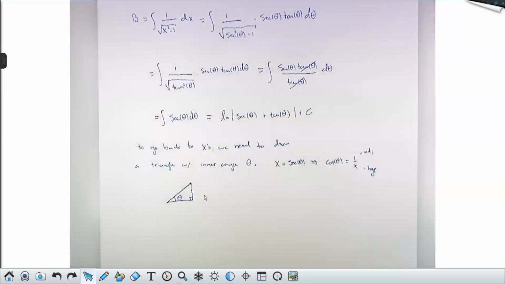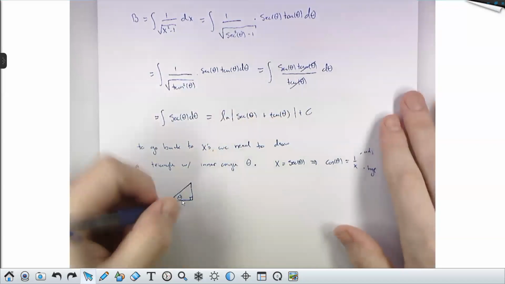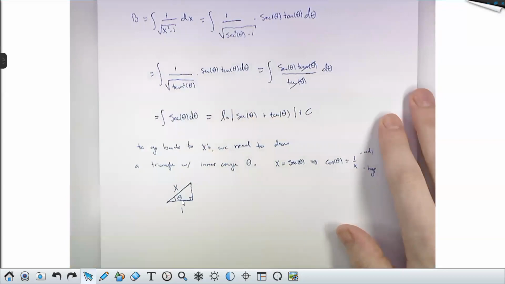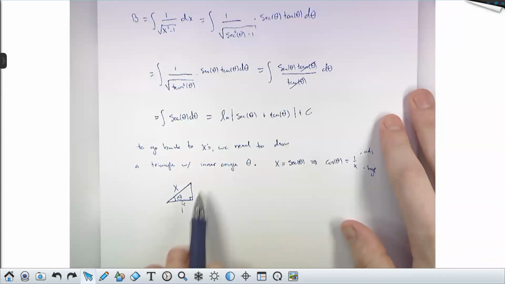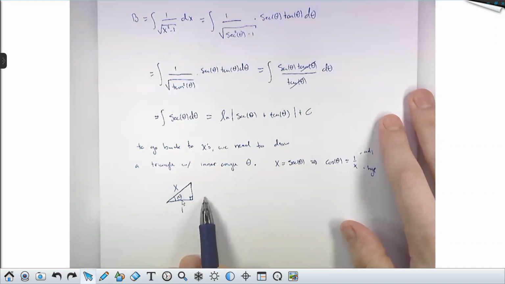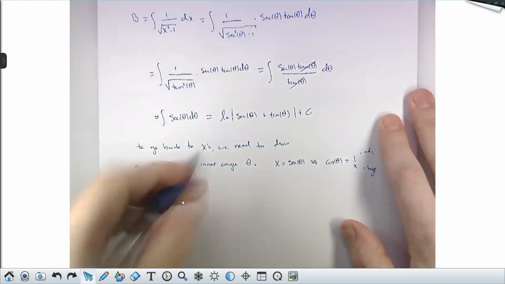So I label my adjacent side as 1 and my hypotenuse as x. And then I use the Pythagorean theorem to solve for the missing side. So this squared plus this squared equals this squared, which means that this guy is equal to the square root of this squared minus this squared.